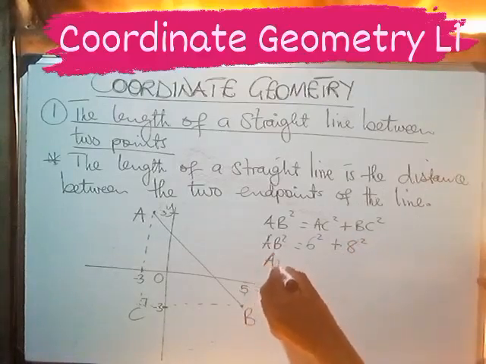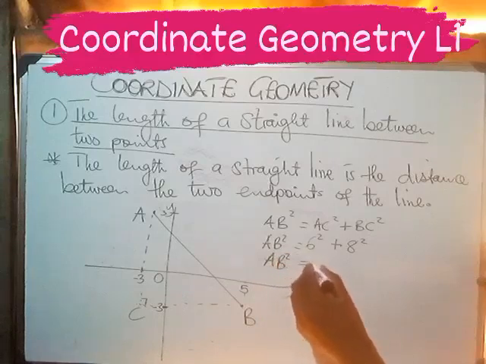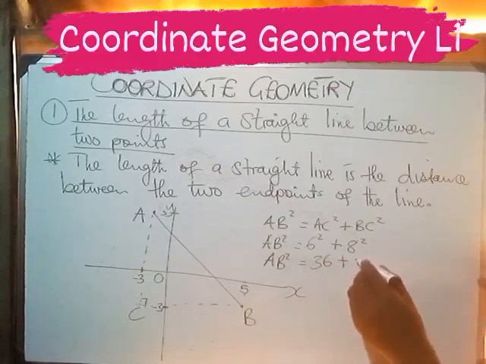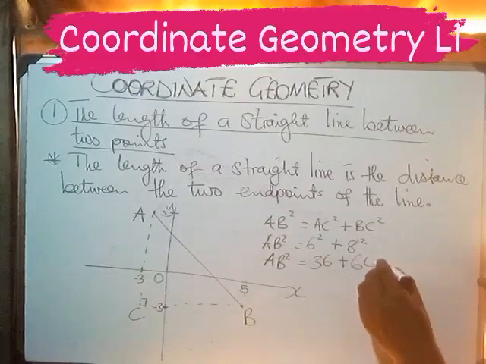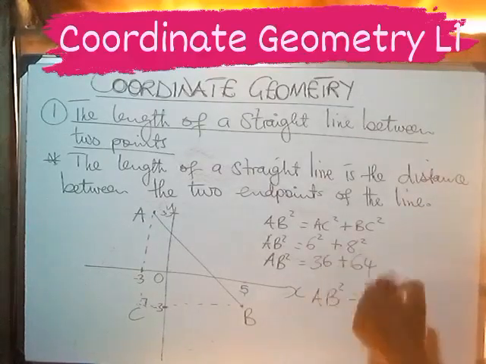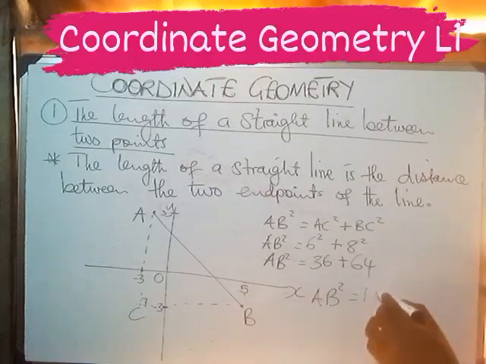So AB squared is equal to 6 squared, which is 36, plus 8 squared, which is 64. So AB squared is equal to 64 plus 36, which is 100.